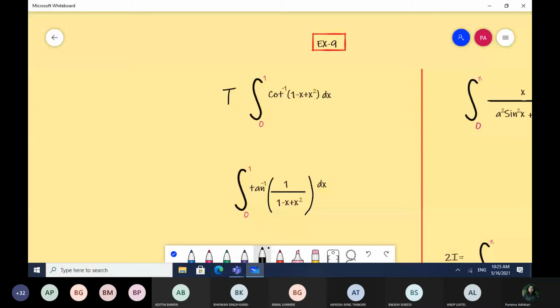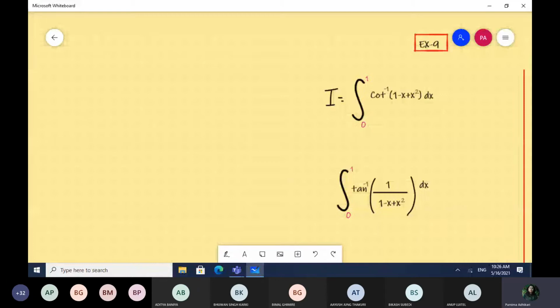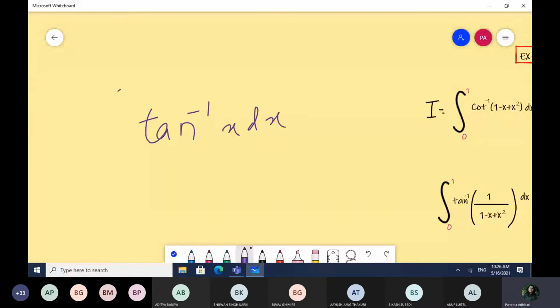So this is your integration 0 to 1 of cot inverse of 1 minus x plus x squared dx. How do we deal with a trigonometric inverse function? Remember?